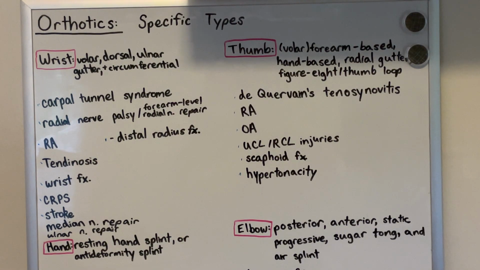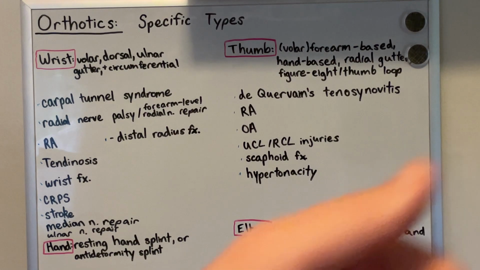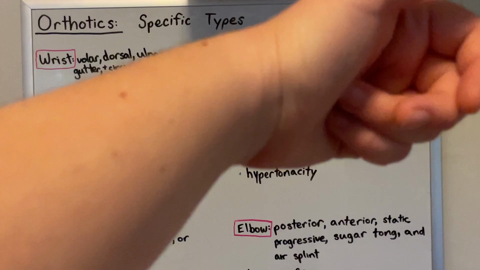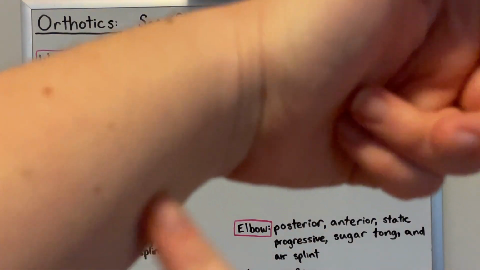But for a median nerve repair, like at the elbow, for example, you want to have the wrist in about 30 degrees of wrist flexion, because that's going to reduce the tension on the median nerve, because the median nerve does run along the volar side of the forearm and the wrist.